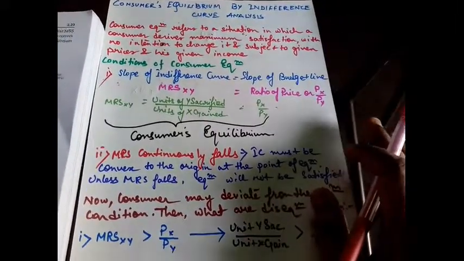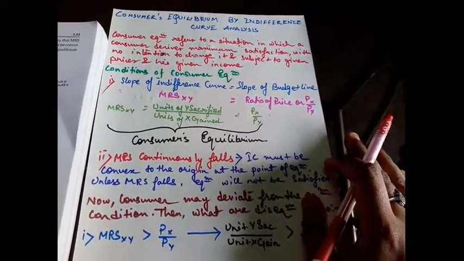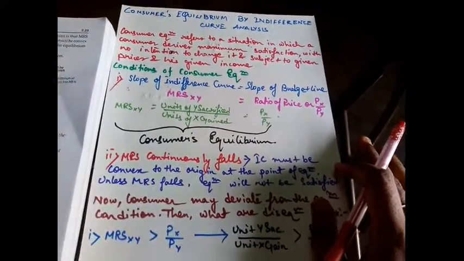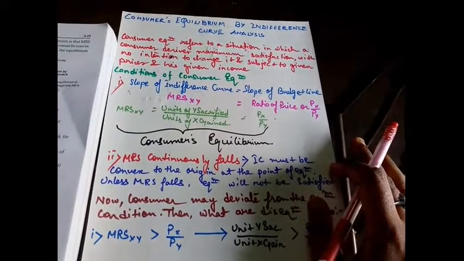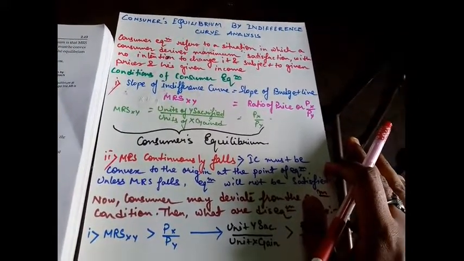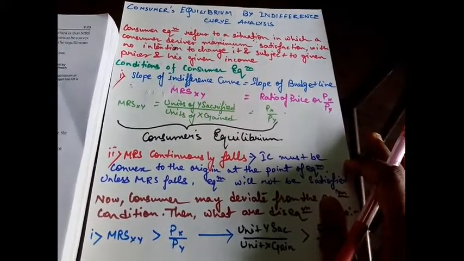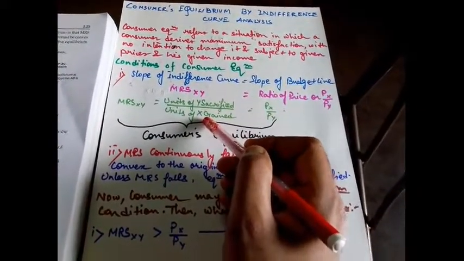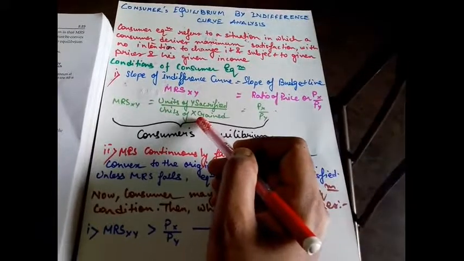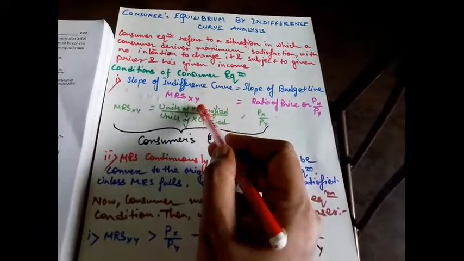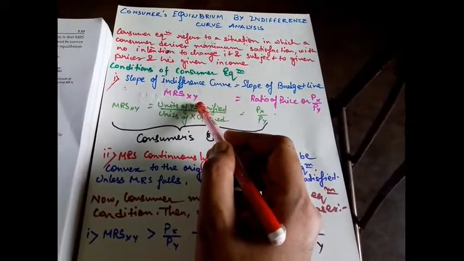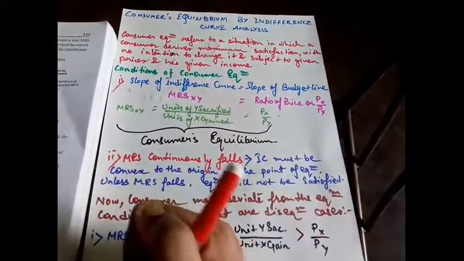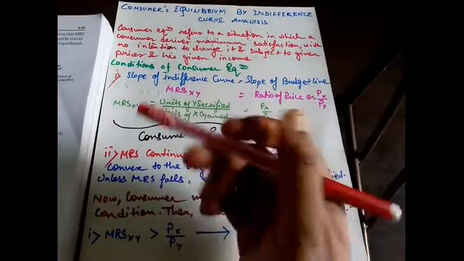If for example you are using your 5,000 totally to consume both x and y, and no more money is left in your hand, then after investing your 5,000 rupees between these two goods, if you want to consume more of x, you have to sacrifice some amount of y. Then only you are able to consume more of x. Yes or not?